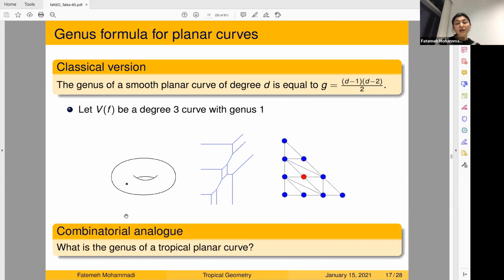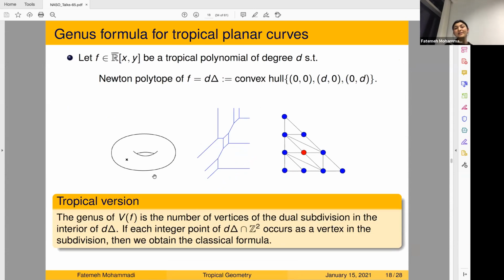Okay, so now the question is, what is the combinatorial analog of this classical version? By that I mean, what is the genus of a tropical planar curve? It turns out that the number of these interior points is going to be equal to the genus of the curve that you are interested in studying. This was just one example of how we would use this combinatorial picture to read off algebraic invariants of the original variety.